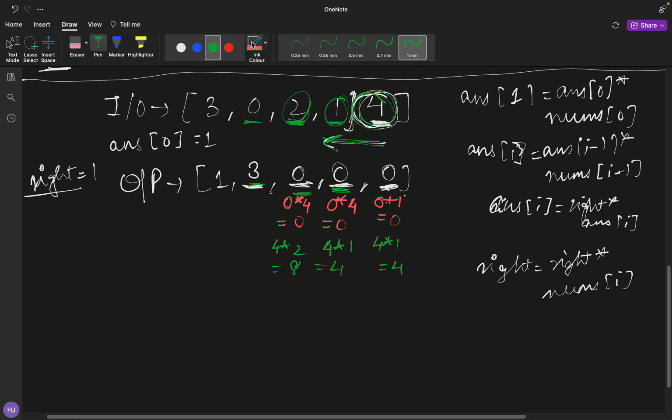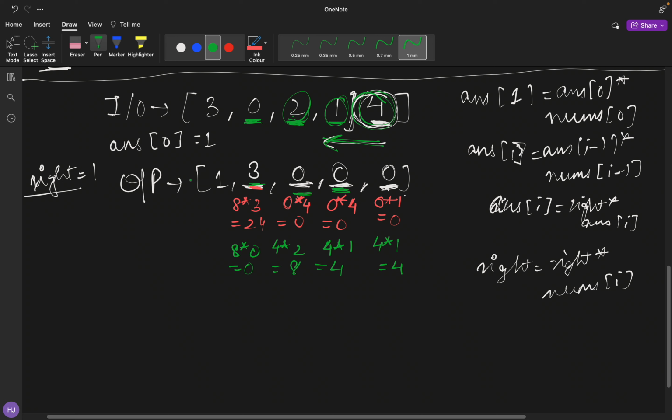So let's compute the value which should be there at this index. So it turns out to be 8 into 3, which is equal to 24. This is the final value that I'll be having. And now let's compute the value of right at this point. It would have been 8 into 0, which is equal to 0, because the value at this index is 0.